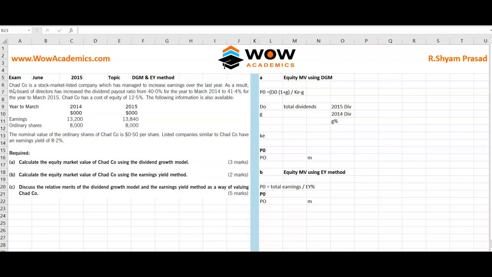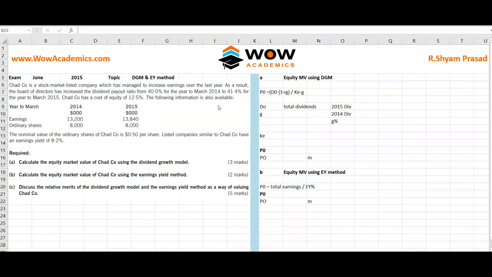So we'll start. CCO is a stock market listed company which has managed to increase earnings over the last year. As a result, the board of directors has increased the dividend payout ratio from 40% for the year to March 2014 to 41.4% for the year to March 2015. CCO has a cost of equity of 12.5%.